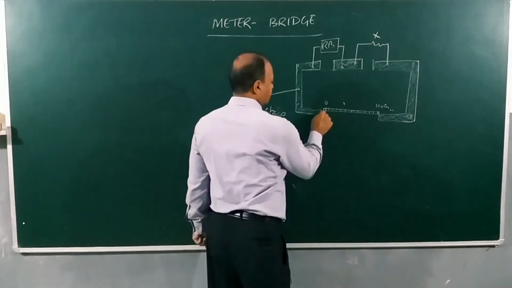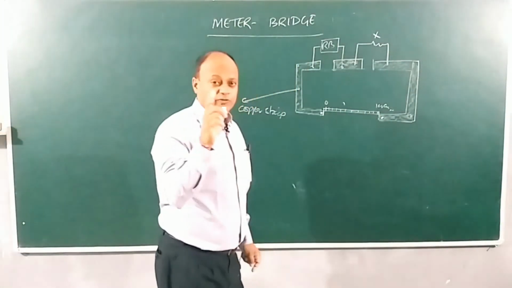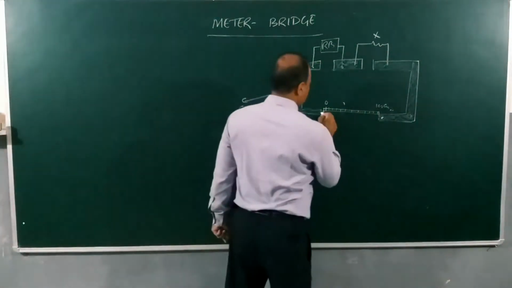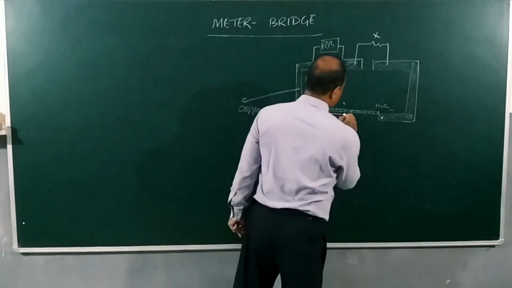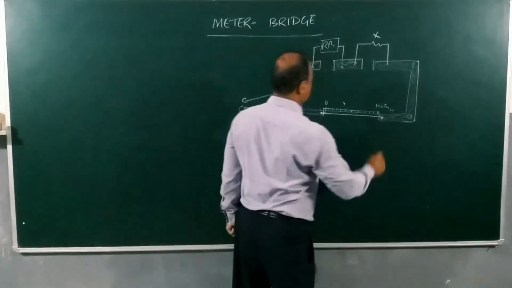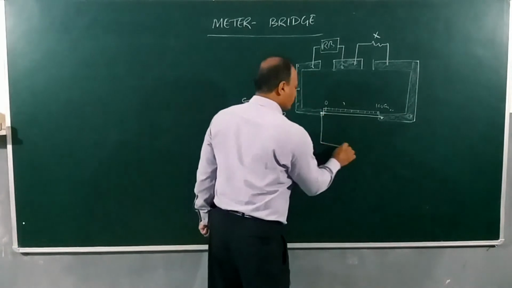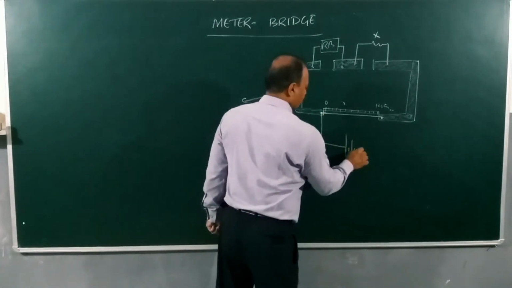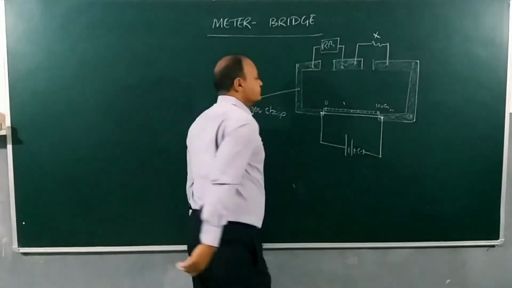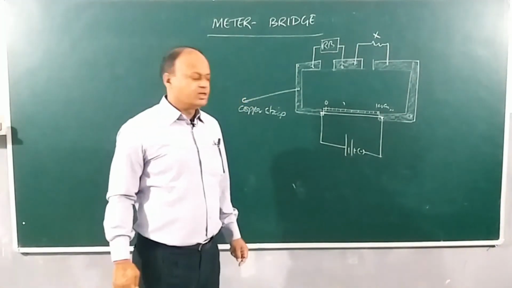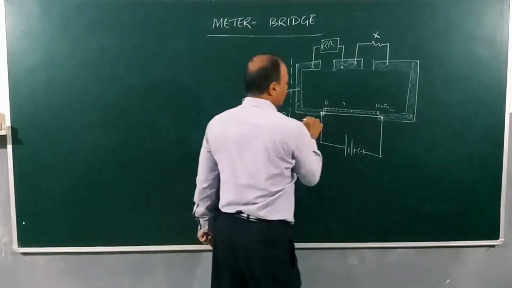And the larger gap is exactly 1 meter in length. We are fixing a copper wire here, a copper wire of length 1 meter, having uniform cross section, right? And we are connecting a DC source of about 2 volts here. We are connecting a key, and that's it. So this is your meter bridge, and this whole arrangement is fitted on a wooden board.